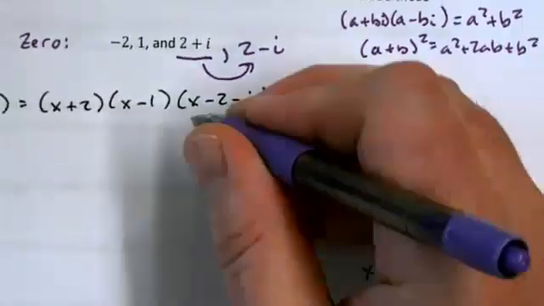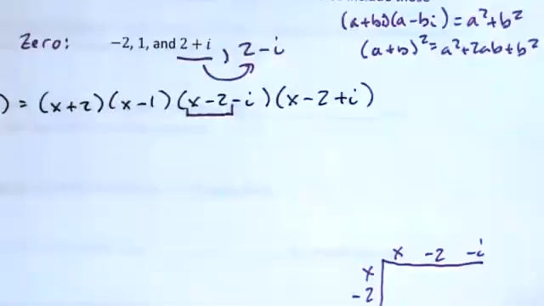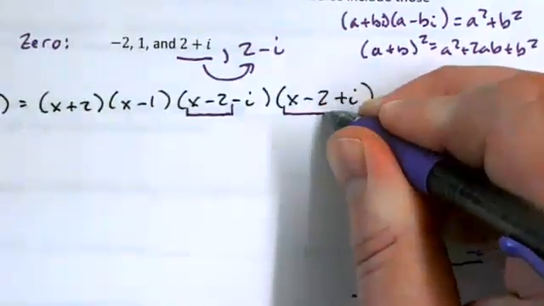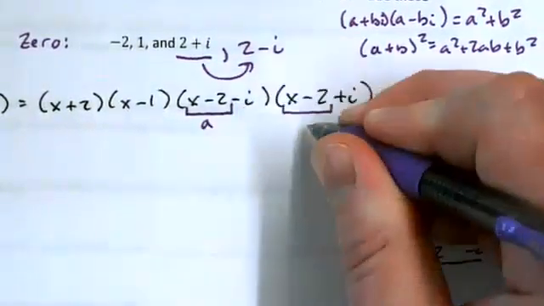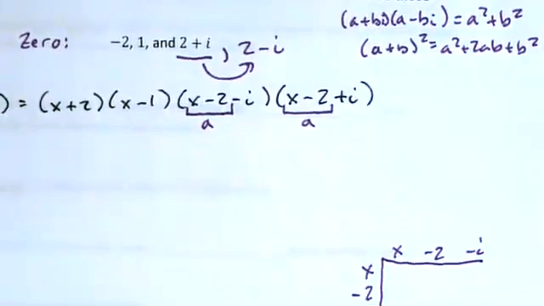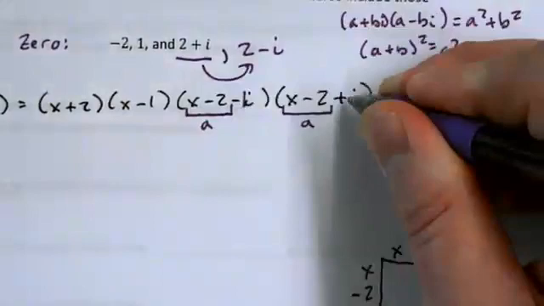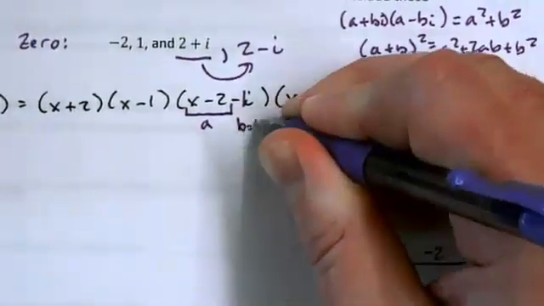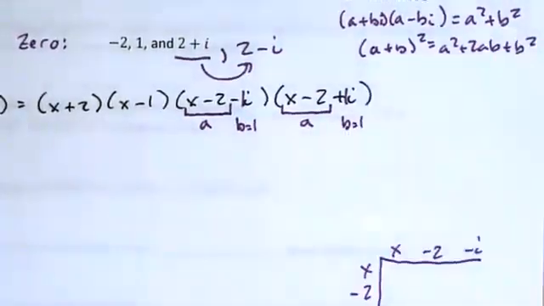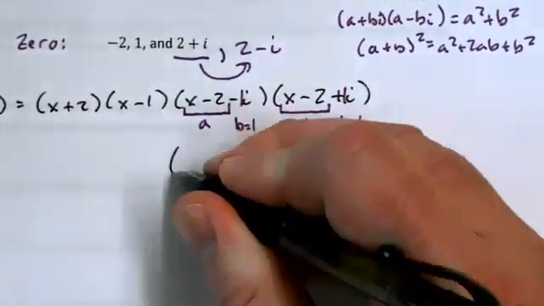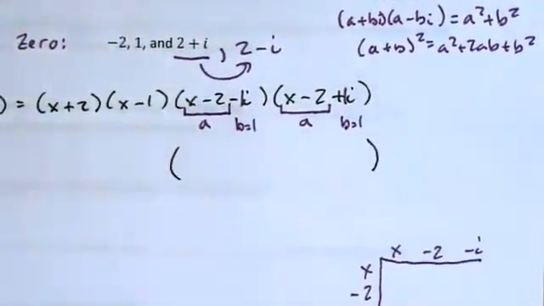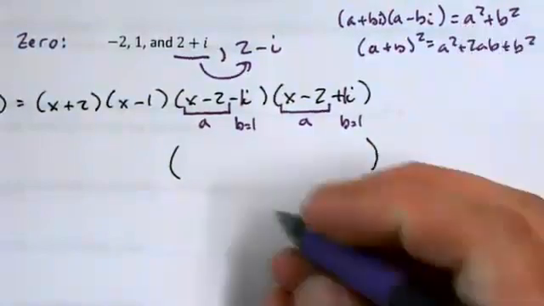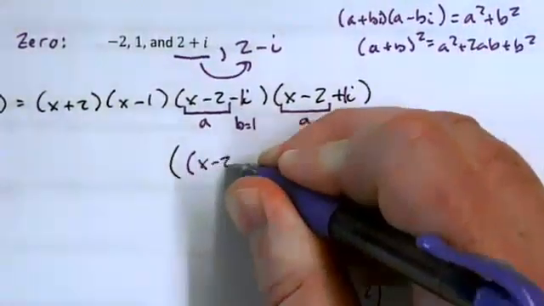When I look at these two factors, I'm going to treat this as my a because it's the same in both. And then my b value is actually going to be a 1. So when I multiply these two factors together, the shortcut says that I'm going to have a squared plus b squared. Well, a squared is just x minus 2 squared.